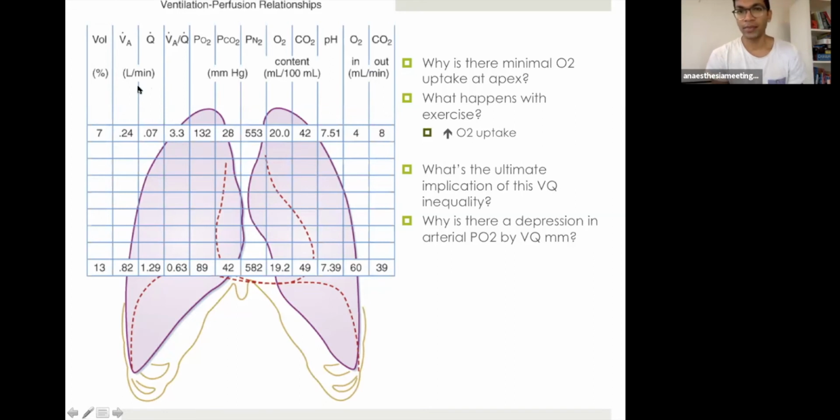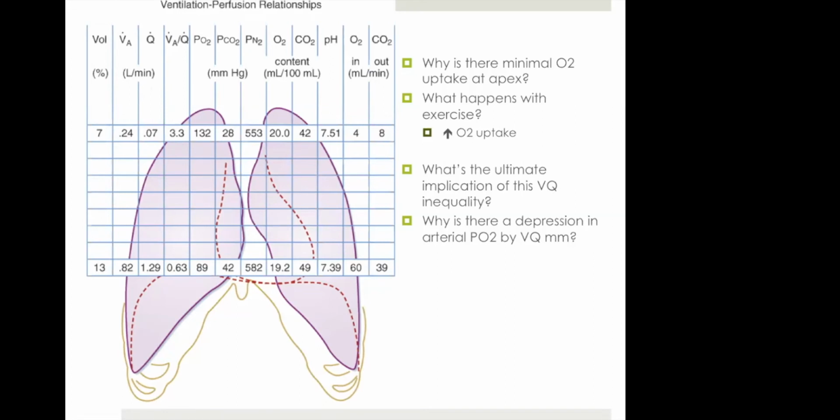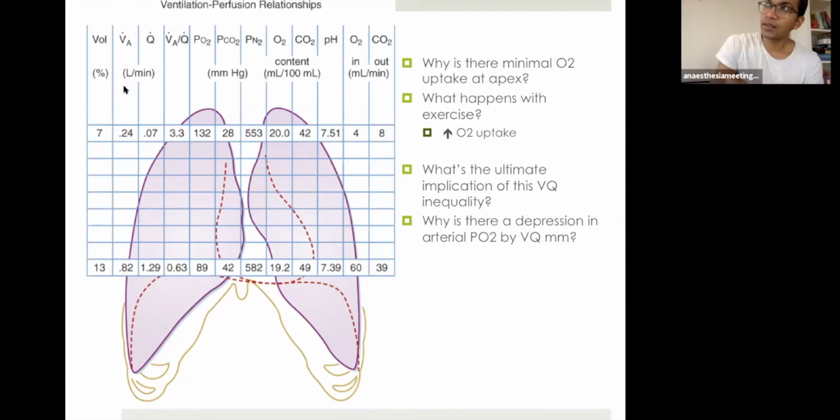Alex, I might ask you this question. Why is there minimal oxygen uptake at the apex? Is it because there is maximal distension of the alveoli? So you've got poor perfusion at the apex of the lung, therefore the oxygen can't diffuse as well as it does at the base? I feel like your overall answer is correct, but I'm not sure the reasons are right. Why is there less perfusion up at the apex?